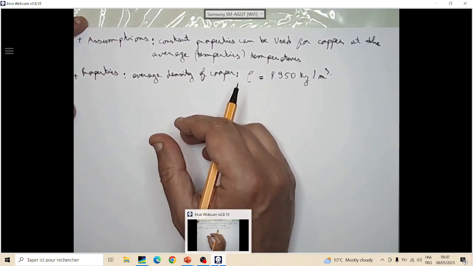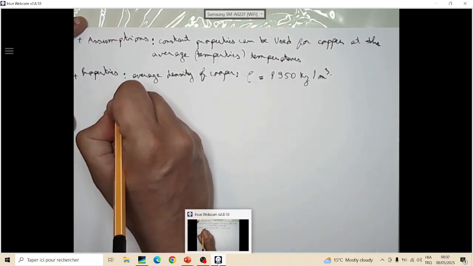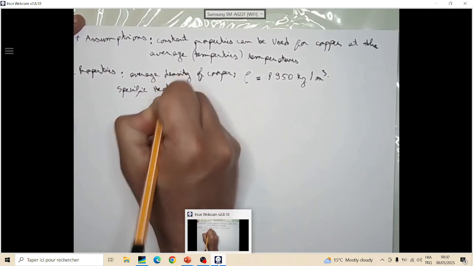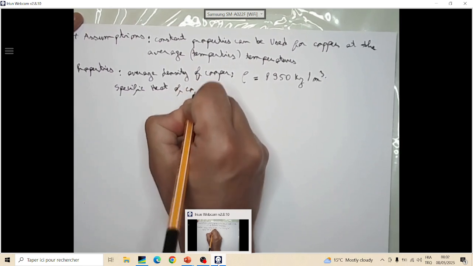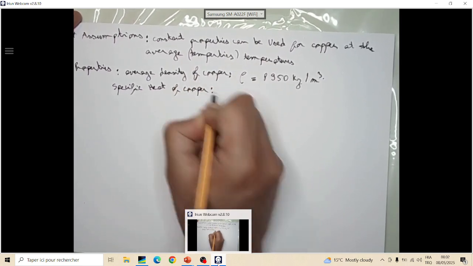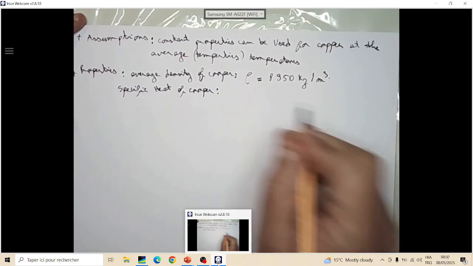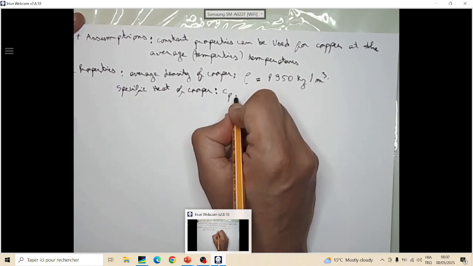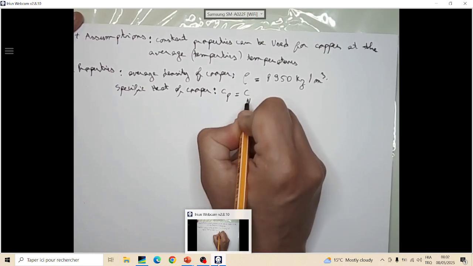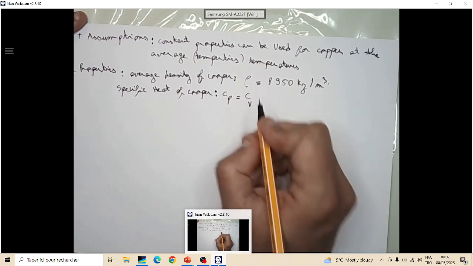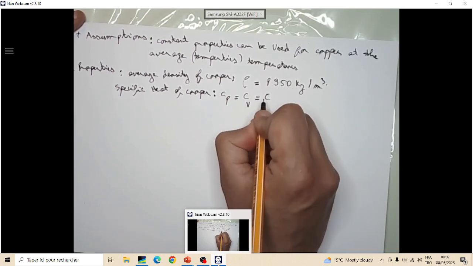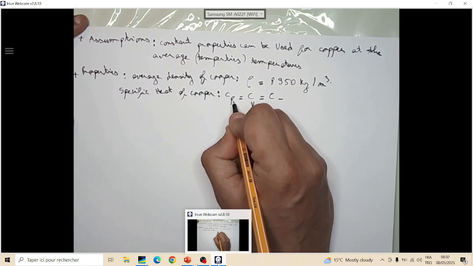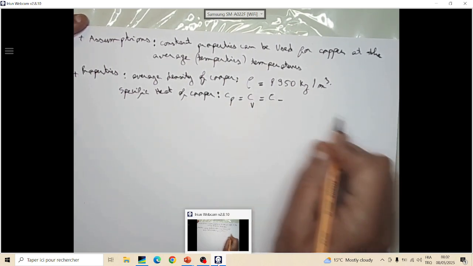And also the specific heat of copper. Copper is a solid. So for the specific heat, Cp, specific heat at constant pressure, is equal to Cv, the specific heat at constant volume.